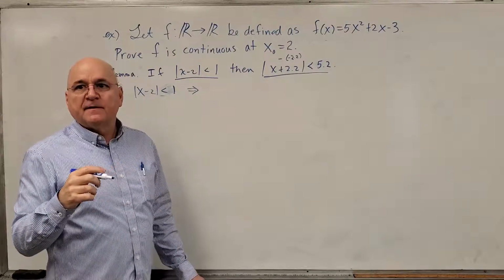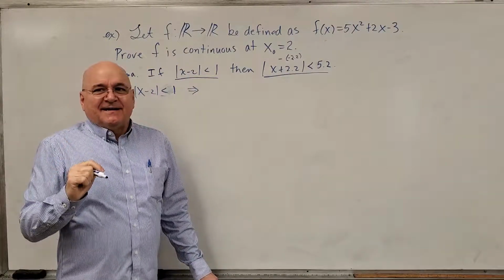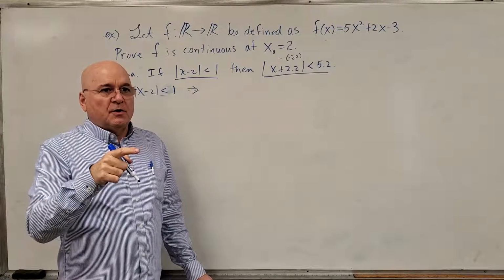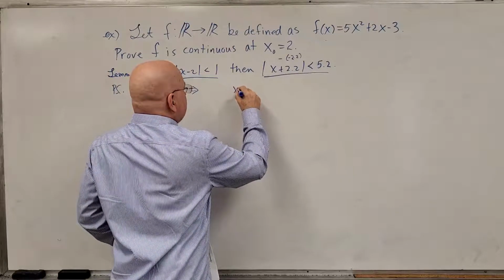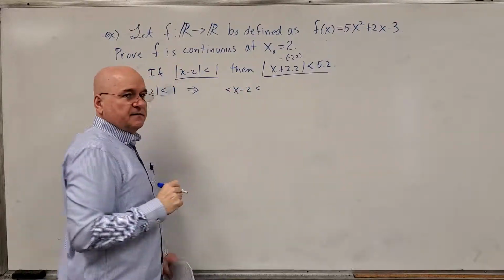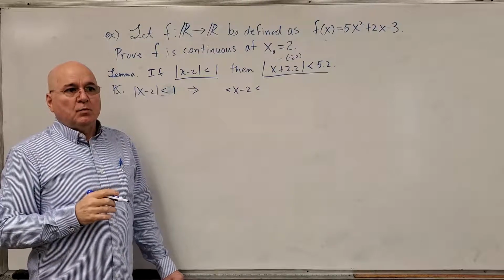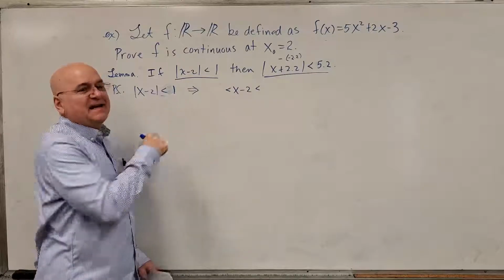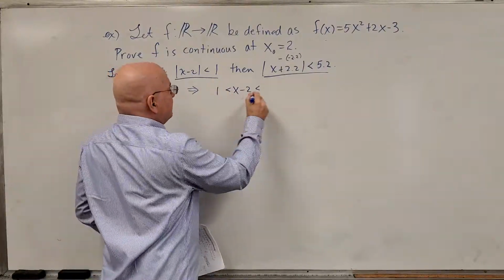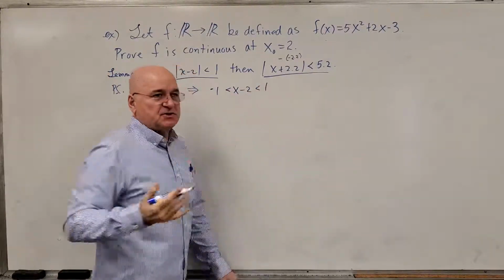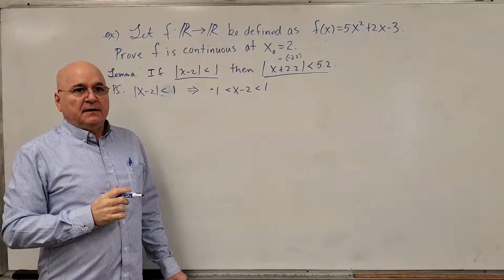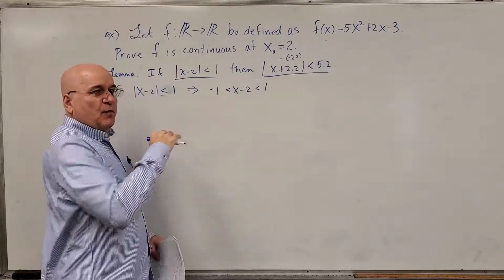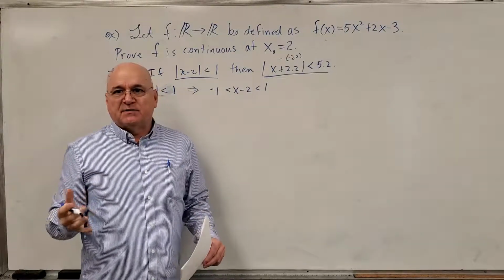Well, let me start you off. x - 2 is between what? It's between negative 1 and 1. This is just the definition of absolute value, right? All of the numbers in between negative 1 and 1 have absolute value less than 1.